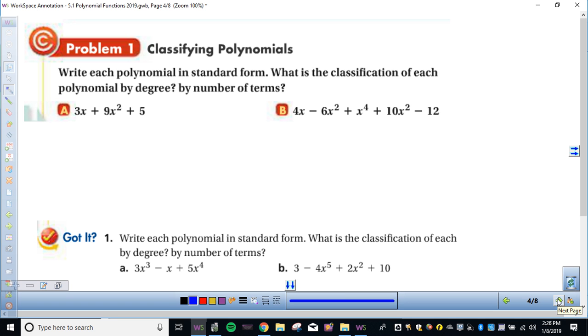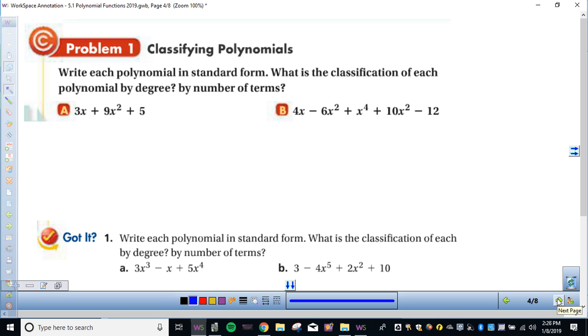I'll be writing it up in a second. Standard form is decreasing order by exponent, so highest exponent first, then next highest, and so on. And if you look at B, you can combine like terms. So when you write it in standard form, you should always combine like terms. Good luck. Okay, so make sure you combine like terms, otherwise you're going to get it wrong.